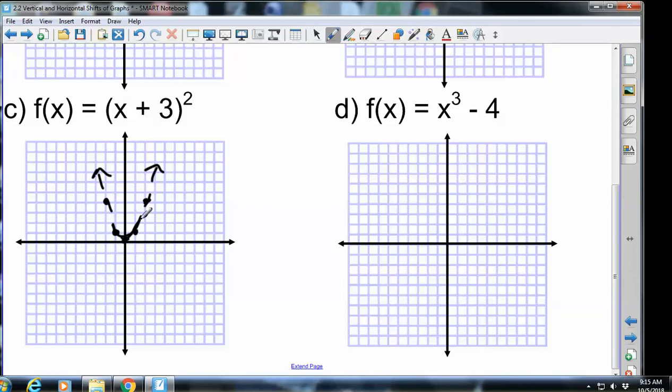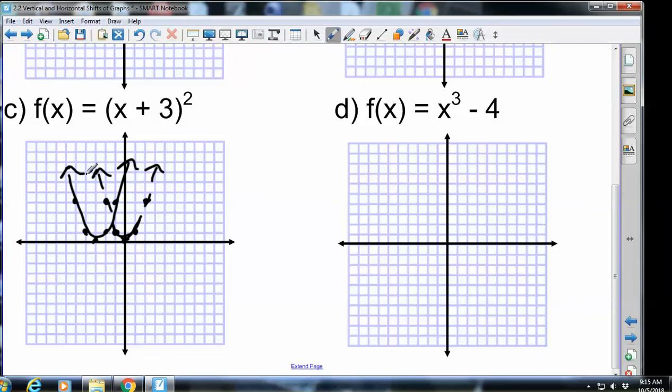It's going to go left 3. Left 3. All right, perfect.